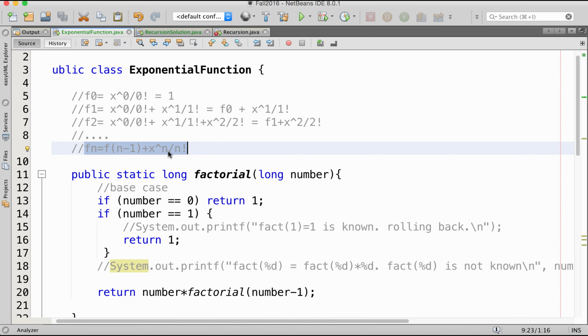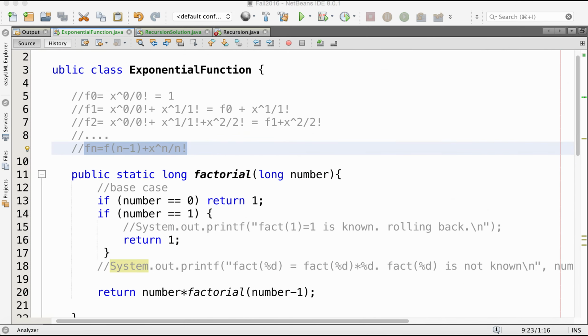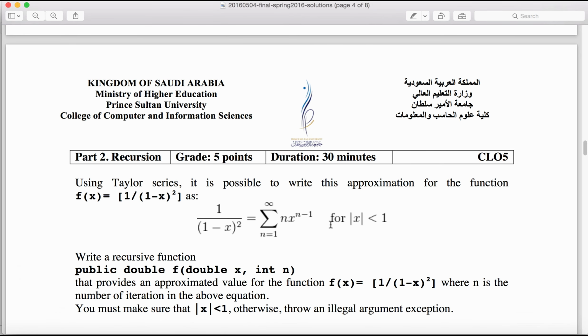Doctor, the general case is always what comes in the exam, right? It must be clear. For you, you're going to have a formula like this, or like the formula that I showed you in the previous final exam. You're going to have the math expression.